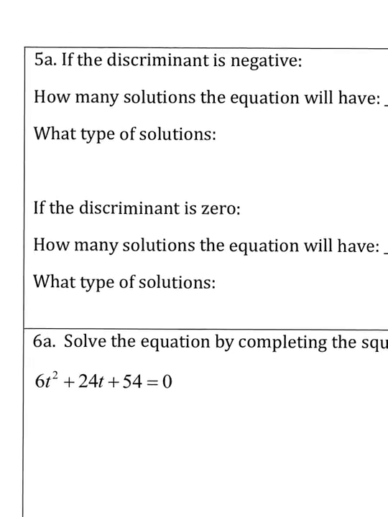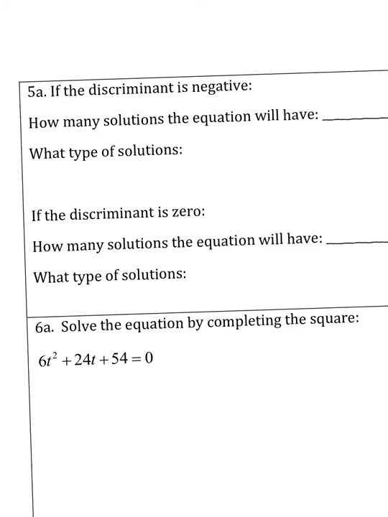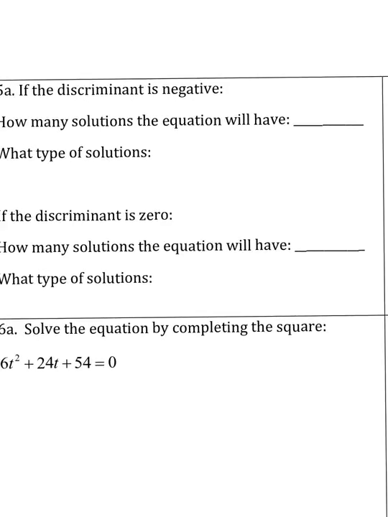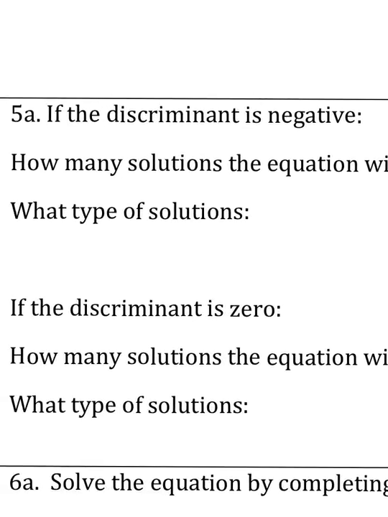Okay, so if the discriminant is negative, how many solutions will the equation have? Okay, if it's negative, you'll have two solutions. Will you be able to see them? No. But if you use your imagination, you'll be able to see them because they're imaginary solutions.